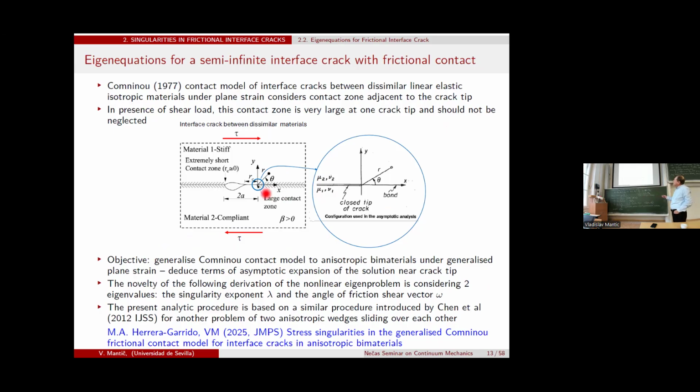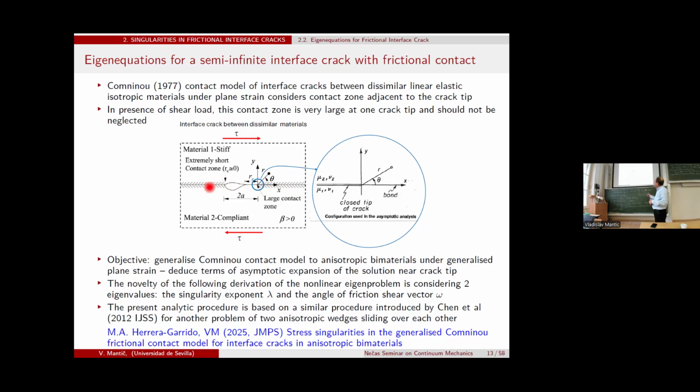So if you consider an interface crack like in this plot, two half planes, for example, this is a plot associated with the work by Comninou from 1977. Typically, if this specimen is subjected to shear loading, and this material is compliant and this is stiff, a very large contact zone usually appears in the neighborhood of this crack tip, and on the other side there is an extremely small contact zone.